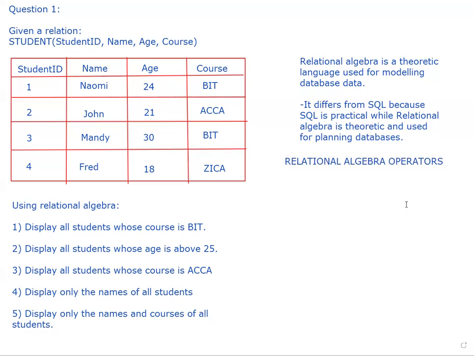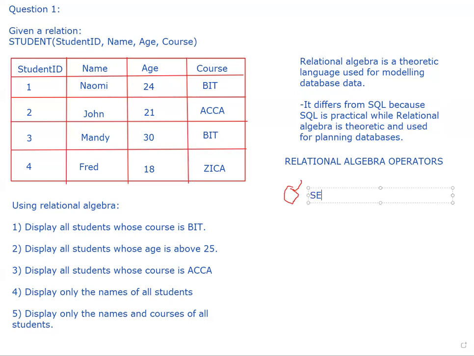We shall look at two for now. The first one that we have is selection. The first operator that we have is known as selection, and it uses this symbol. The symbol looks like this. This is known as selection.